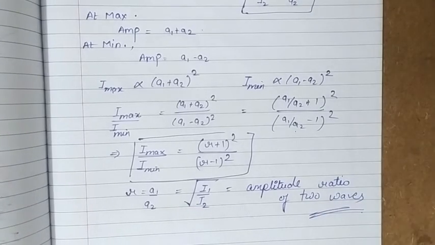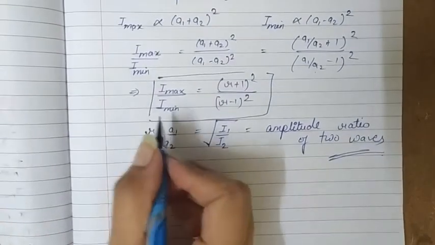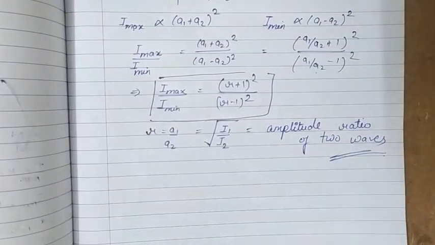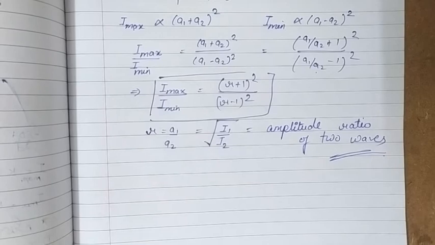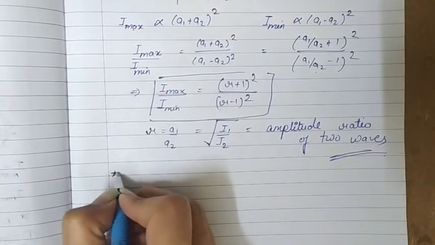So this is how we can compare the maximum and minimum intensity that we are getting during an interference pattern. Now there is a particular case. All the discussion so far was about a monochromatic source, or a single wavelength source. But what if the source is of white light?